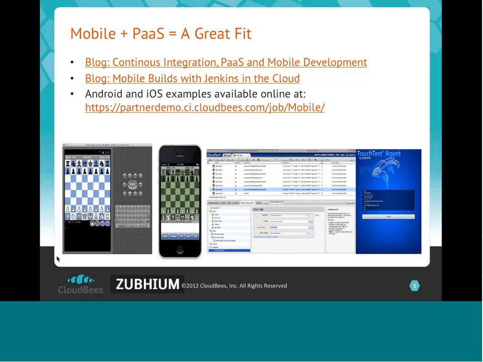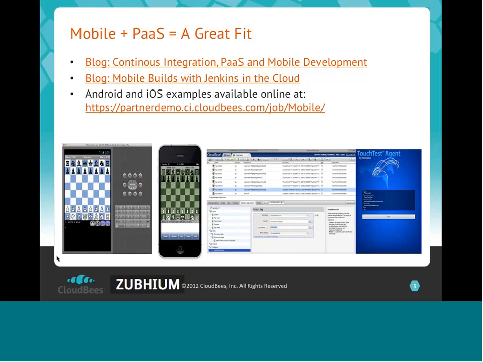We also have a whole series of blogs, and the links here point to blog.cloudbees.com. You have a whole series of blogs there which explain how to do mobile builds using Jenkins in the cloud so that you can use your local development tools.